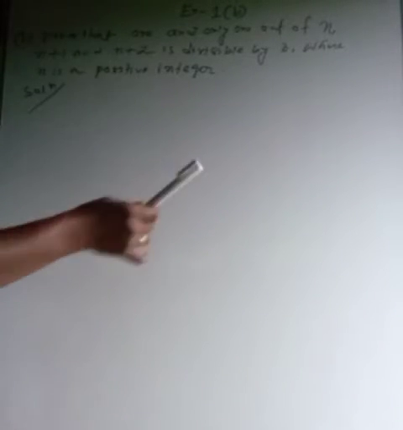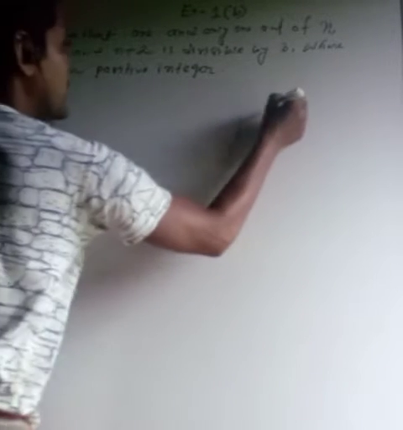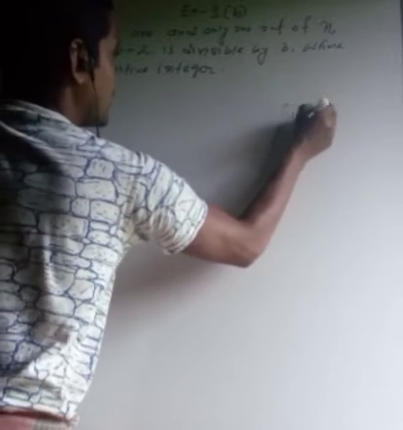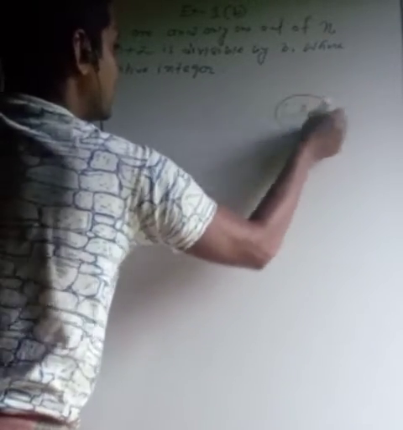Simply, n, n plus 1 and n plus 2, we can see these three numbers are three consecutive integers. Three consecutive integers means what? Suppose 1, 2, 3, these are three consecutive integers.